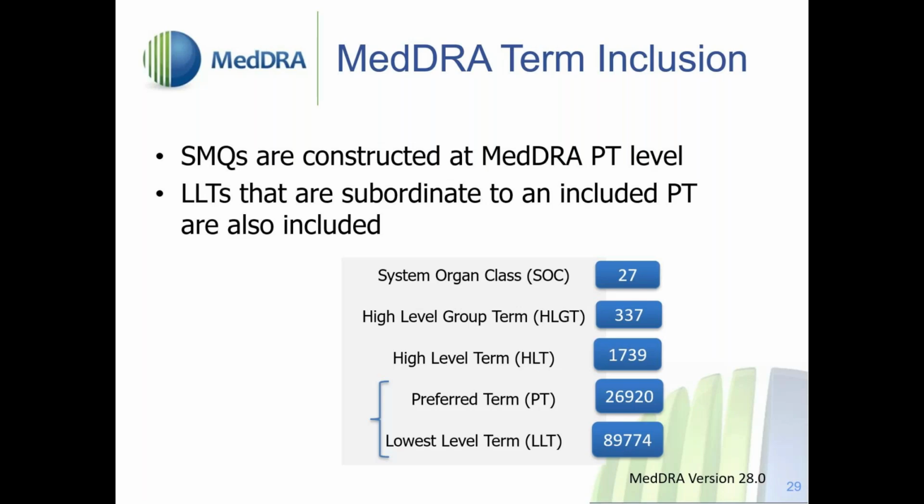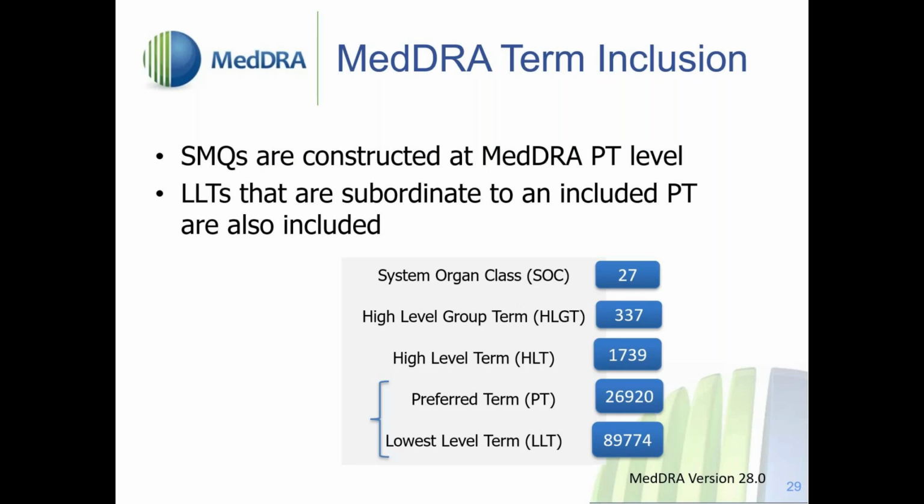And then we start grouping. So MedDRA starts not only standardizing at the PT level, but it starts aggregating, because PTs that are related to each other get aggregated or grouped together under these grouping terms, starting with the HLT, the high level term. And this grouping happens in a medically meaningful way. It could be based on anatomy or pathology or physiology or function.